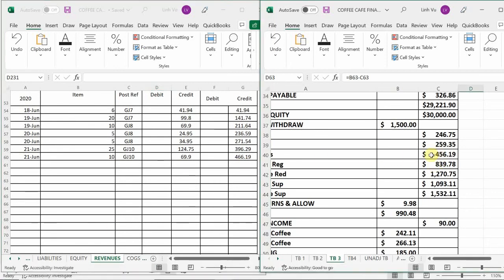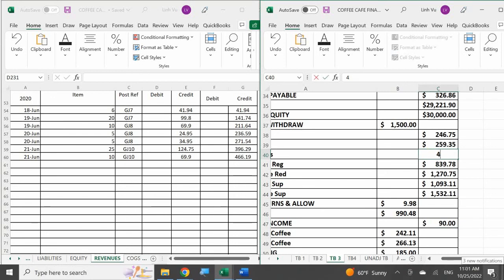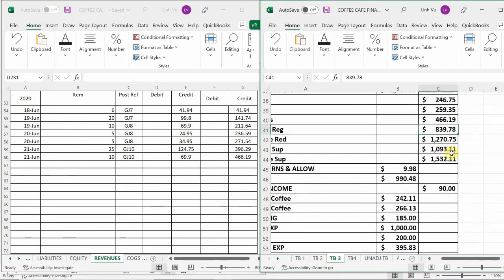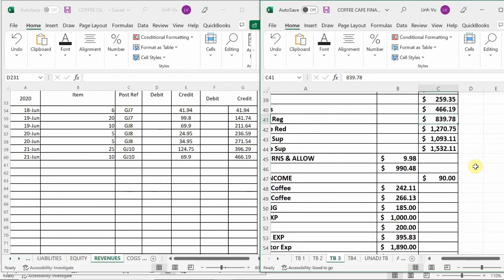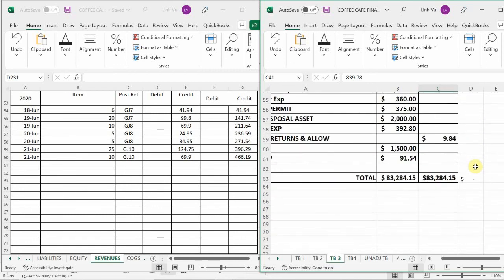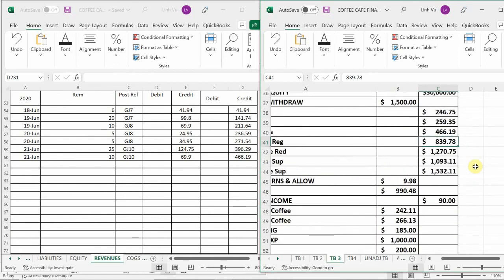I put 456. 466.19. And there you go, I found my $10. Now I'm even on both sides at $83,284.15 on the debit and the same amount on my credits.